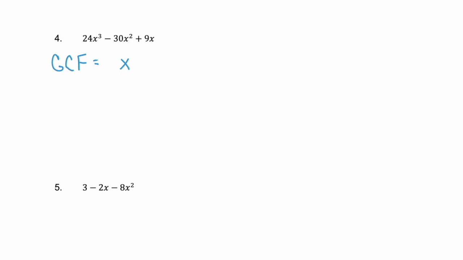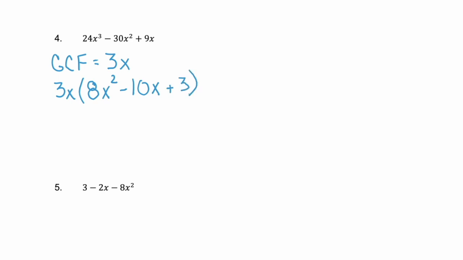How about a coefficient? Do they have a coefficient in common? Yeah, they all have a 3. So if we factor out 3x, we're left with the trinomial of 8x squared minus 10x plus 3.